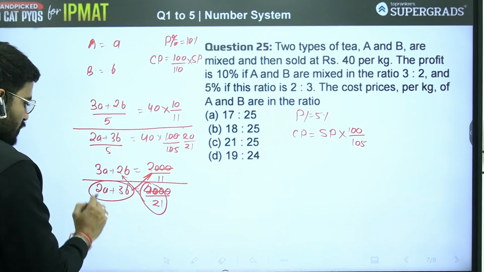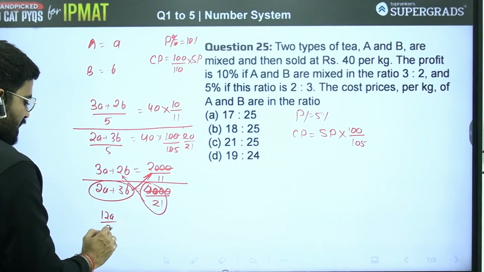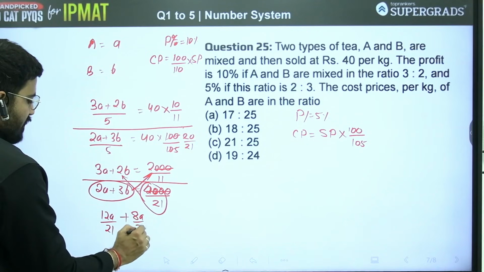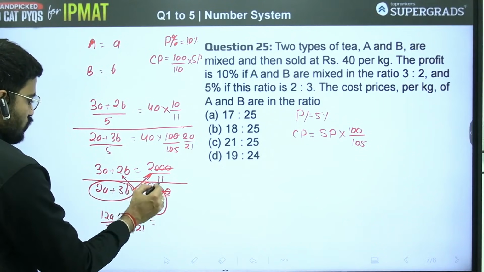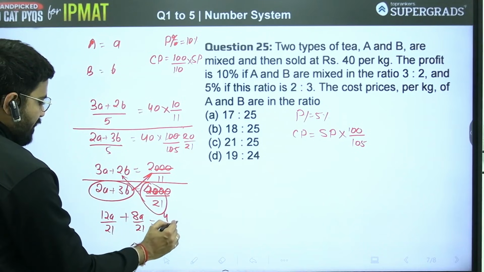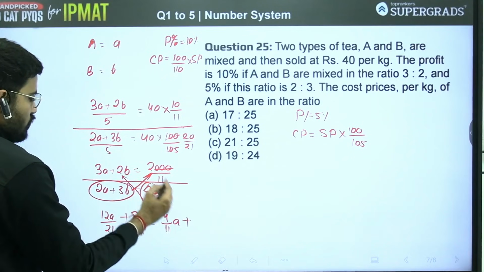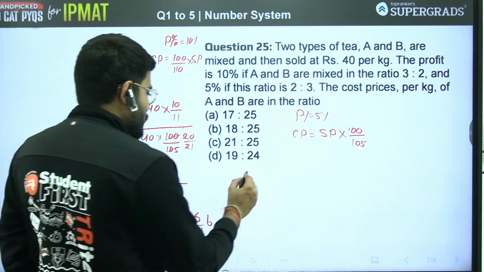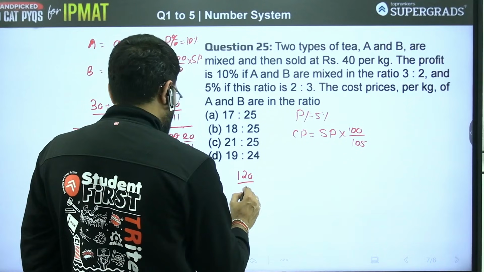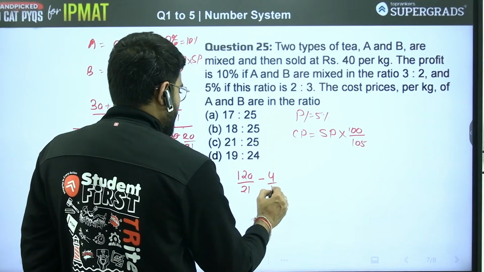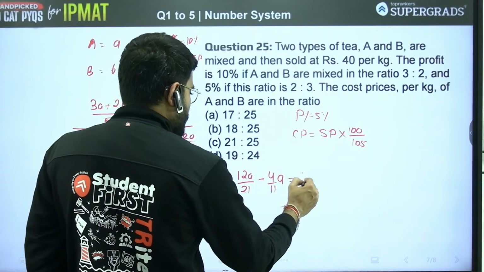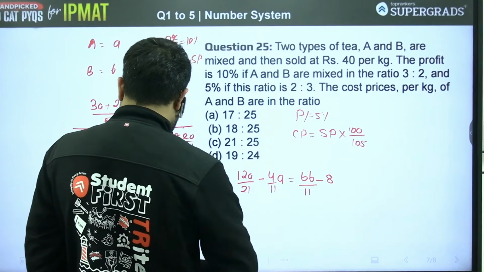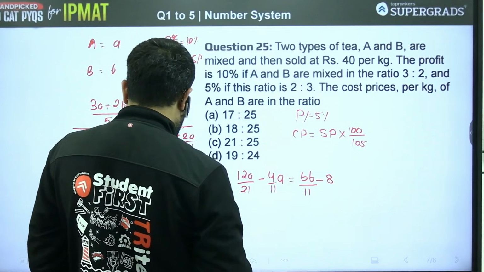So what happens? 4 into 3 is 12A by 21, plus 2 into 4 is 8B by 21. And this gets multiplied here: 2 by 11 into 2 is 4 by 11A, plus 3 into 2, that is 6 by 11B. So how it looks: 12A by 21 minus 4 by 11A is equal to 6B by 11 minus 8B by 21.